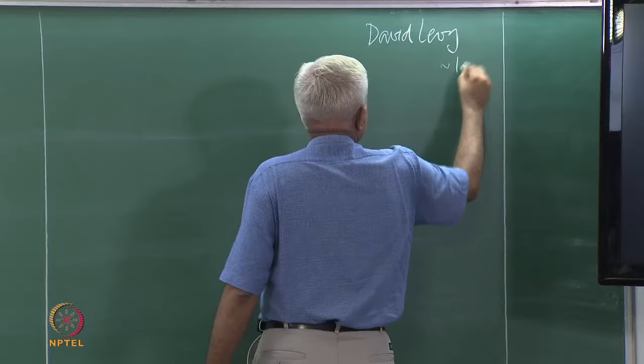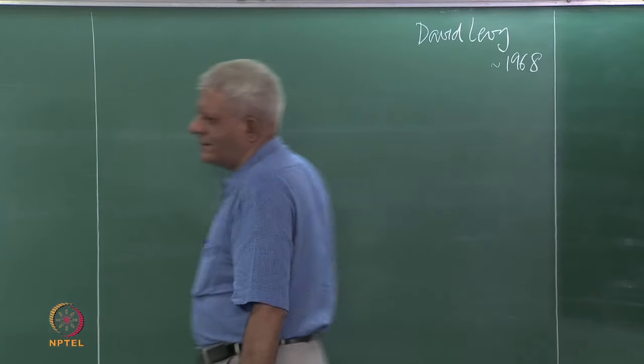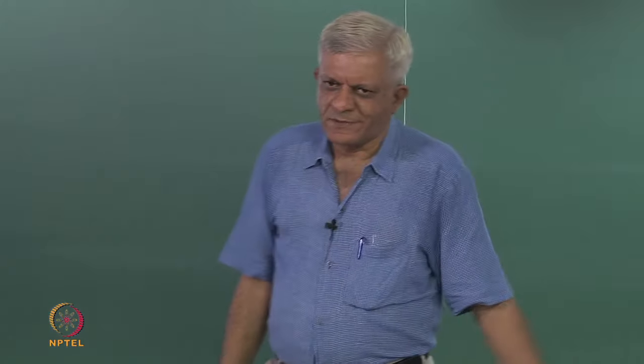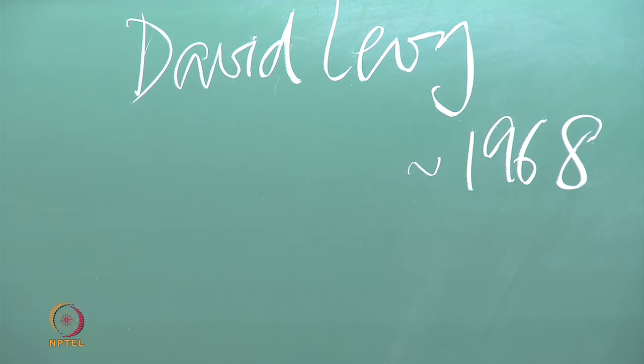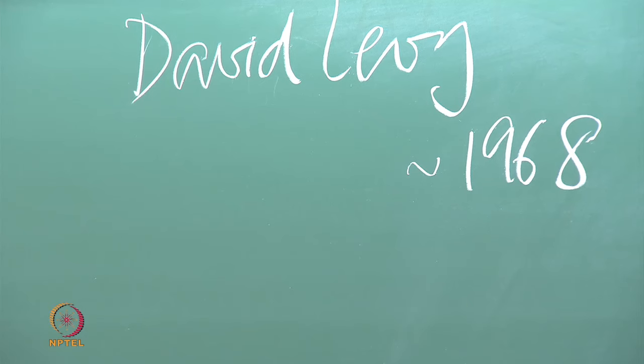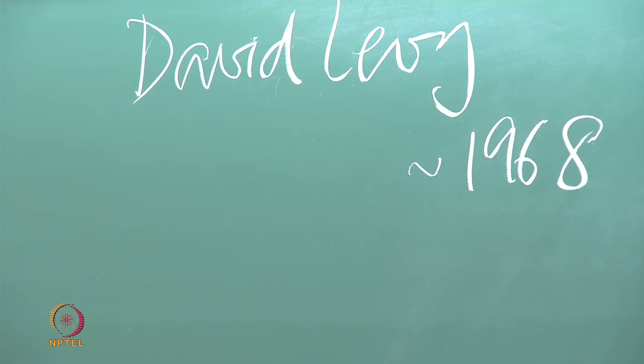I think around 1968 or so, he wagered a bet that a chess program could not beat him for the next 10 years, because chess was considered to be something which is very intellectual in nature. Well, luckily for him, he won his bet, which ended in 1978.